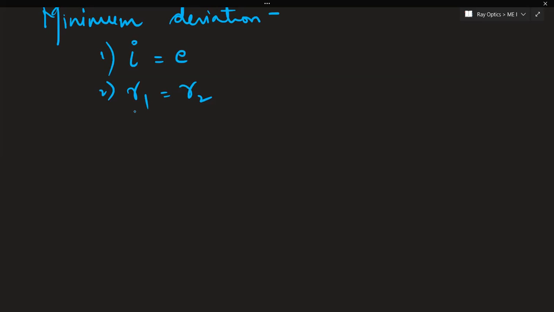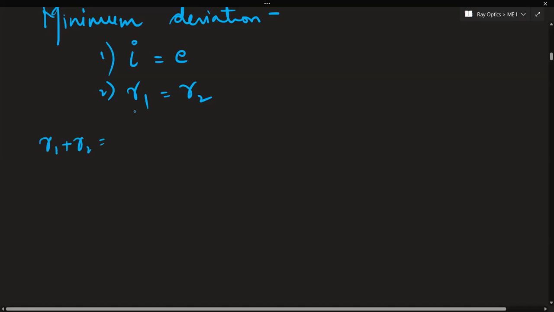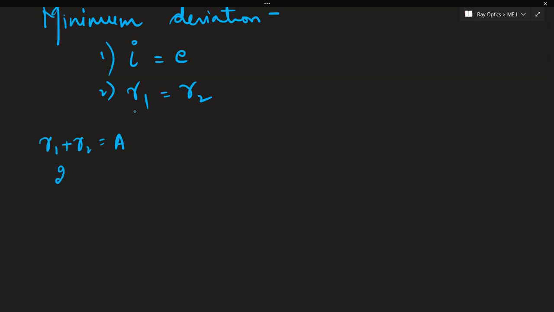Okay, coming to the condition. See, R1 plus R2 is equal to A, so we can substitute 2R is equal to A. So R becomes equal to A by 2. Instead of writing R1, R2, we can write R only here. There's no difference.